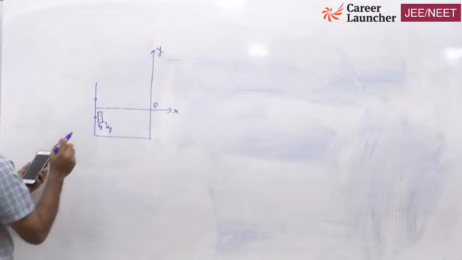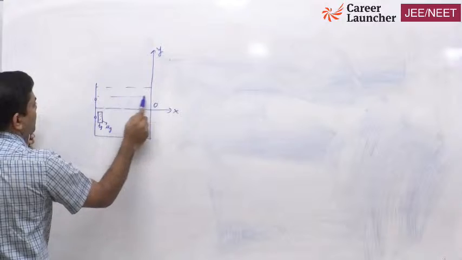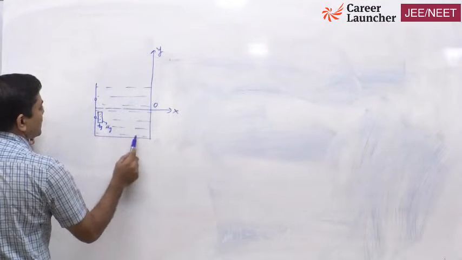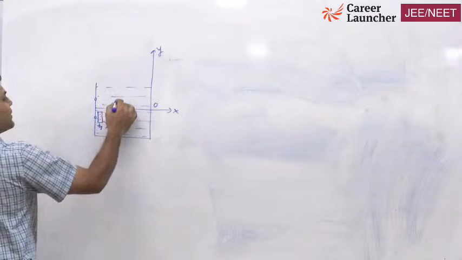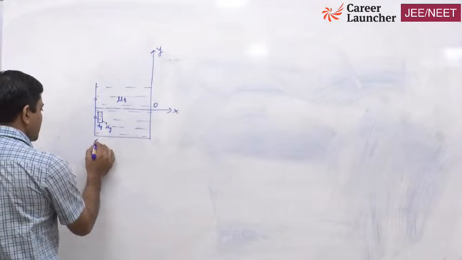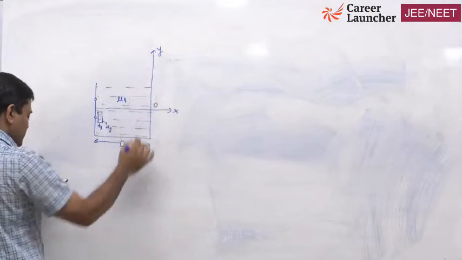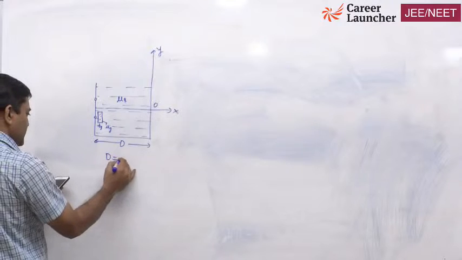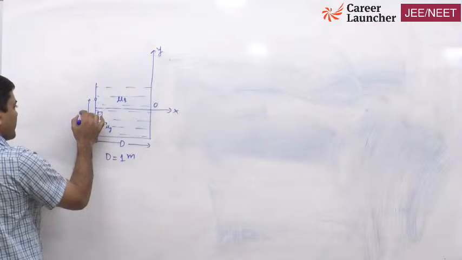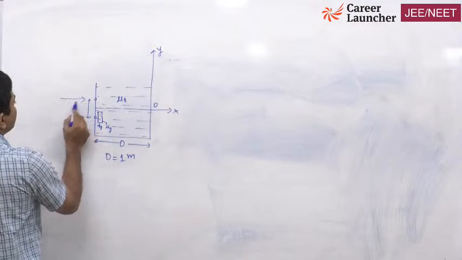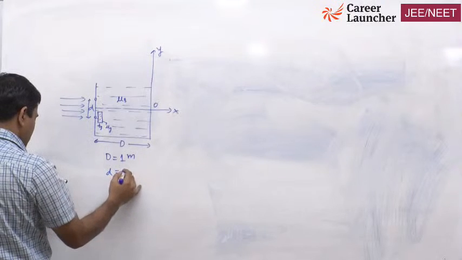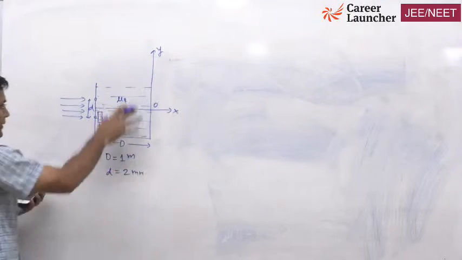They have covered both slits now by some fluid, which they have given refractive index as mu L. D is mentioned here as 1 meter, and this small d is given as 2 millimeter. Here parallel rays are coming. So this is the diagram.